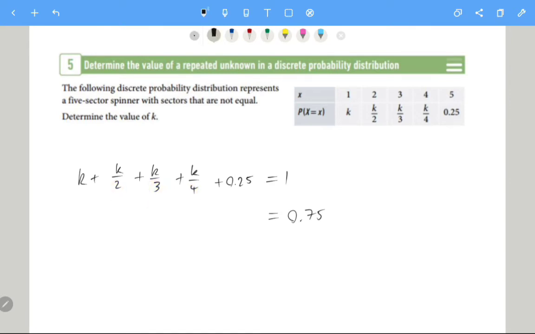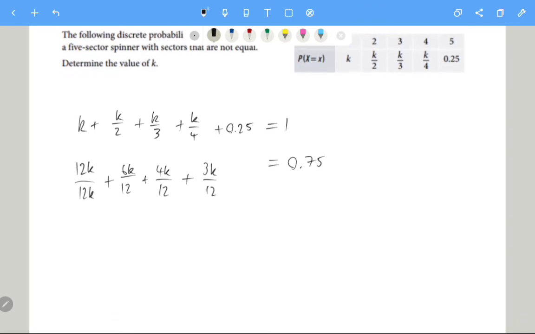So let's make these all written as 12ths. So 12k on 12. k on 2 to look like 12, times by 6, so 6k on 12. k on 3 to make look like 12, times by 4, 4k on 12. And 4 times by 3, so we can get 3k on 12 equals 0.75.